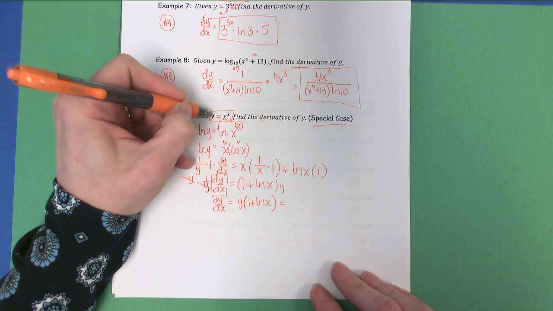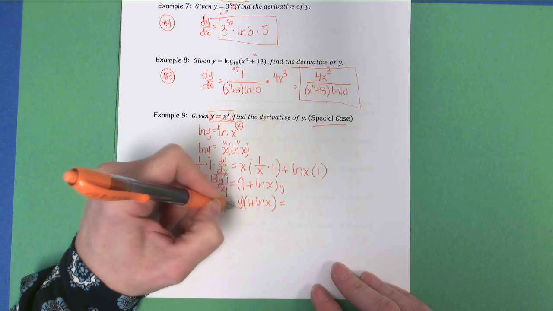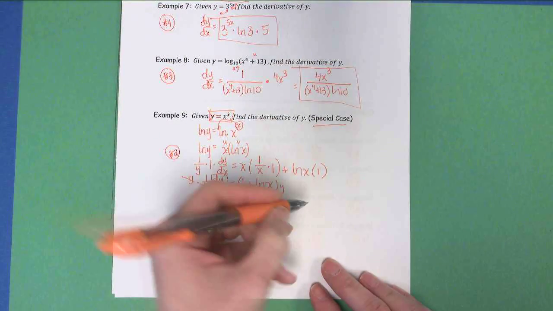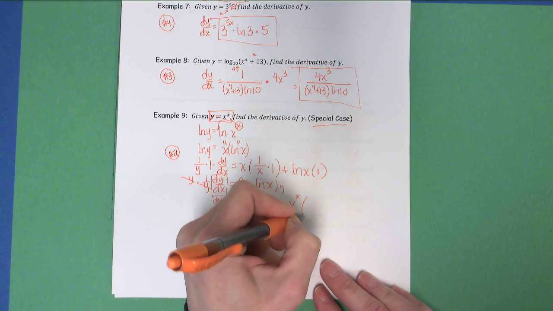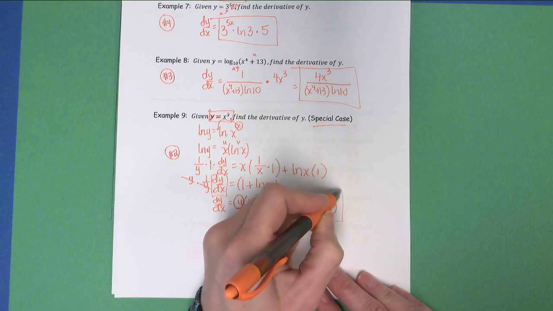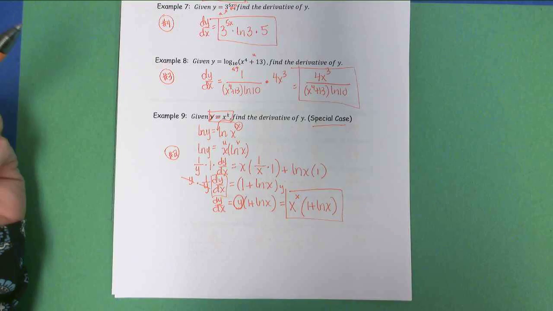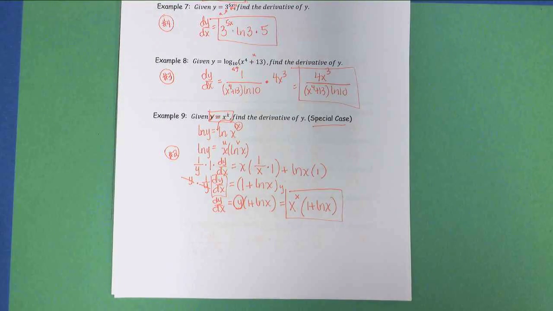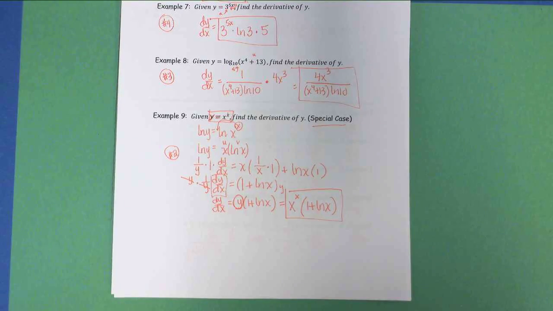You see that y is equal to x to the x power, so I'm going to replace this y with that and write my final answer as x to the x power times the quantity 1 plus natural log of x. So that is why it's a special case. You have to natural log both sides and then use formulas from the front page in order to get to the derivative.